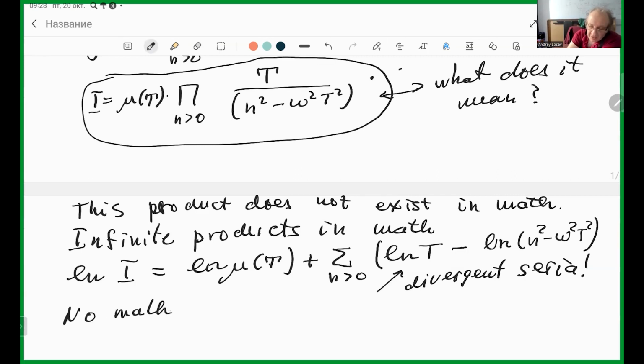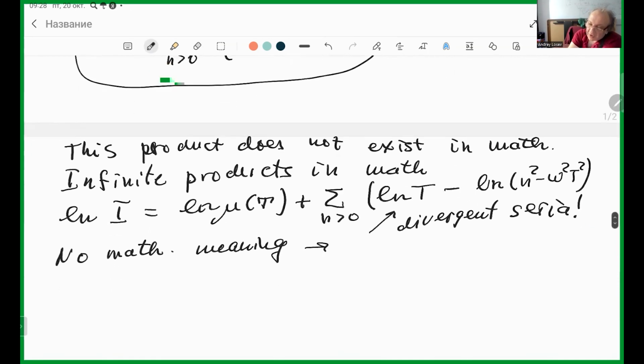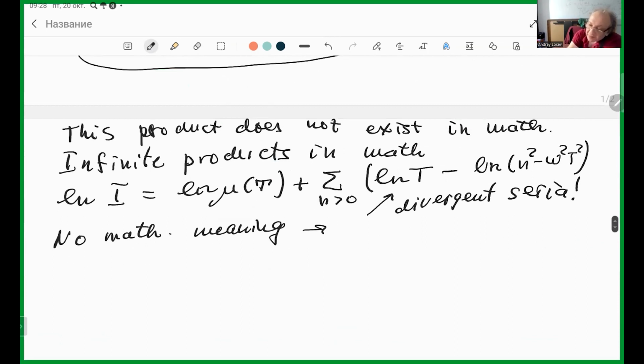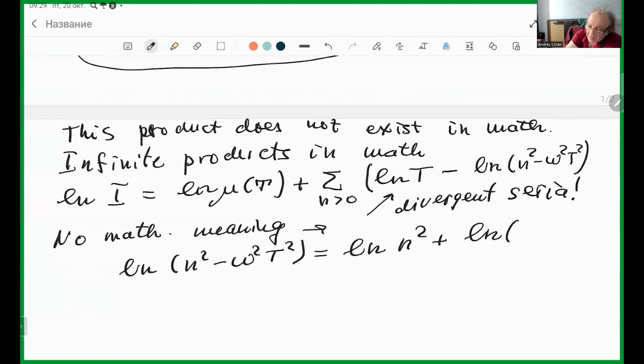No mathematical meaning. So what can we do? We can say that logarithm n square minus omega square t square is actually logarithm of n square plus logarithm 1 minus omega square t square over n square. Right?